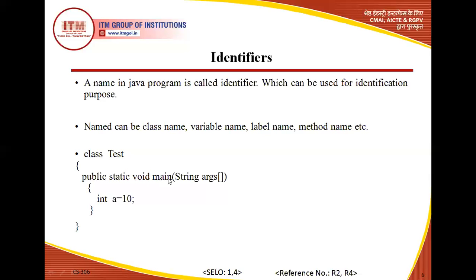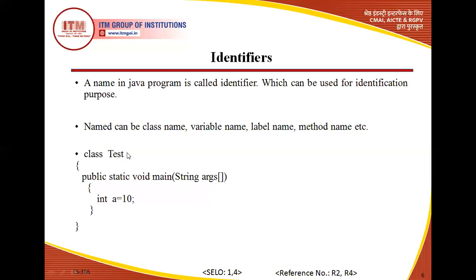Main is an identifier because it's a method name. A is an identifier because it is a variable name. Args is an identifier because it is a variable of type String array. Clear? And String is also an identifier. Why? Because it is a predefined Java class.